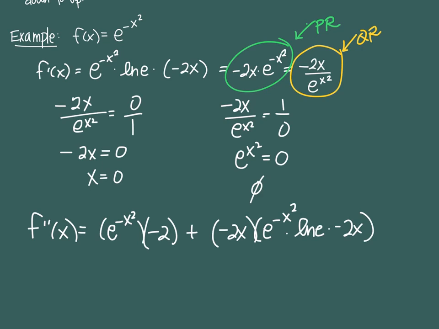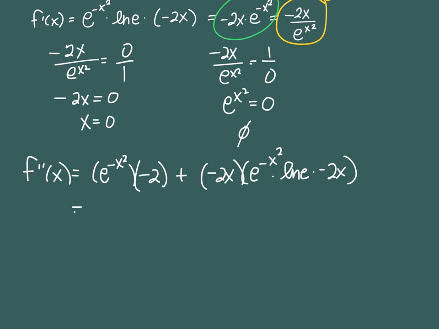So we want to clean that up. So my lead term will be negative 2 e to the negative x squared plus, because I've got a double negative going on there, 4x squared times e to the negative x squared.